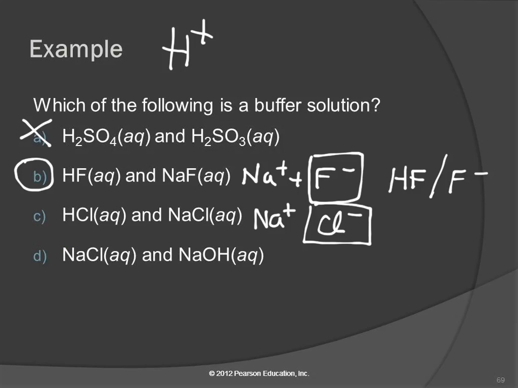So even though we have a conjugate acid-base pair, it's not a buffer because it's a strong acid. The strong acid dissociates completely. And so there is no intact acid left to react with a base. And so that's just not going to work.